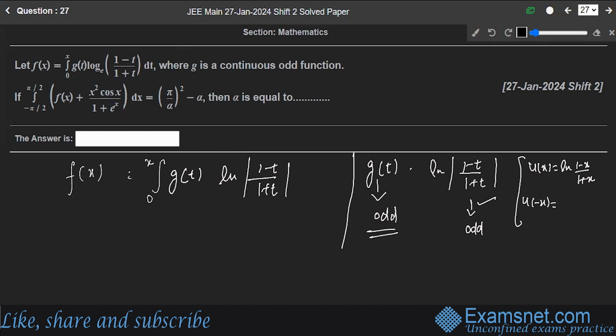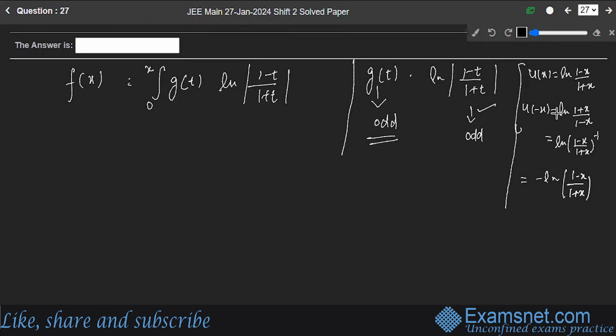This will be log of (1 plus x) upon (1 minus x). This is nothing but log of ((1 minus x) upon (1 plus x)) raised to power minus 1, or this will be equal to minus log of (1 minus x) upon (1 plus x), which is nothing but minus u of x.